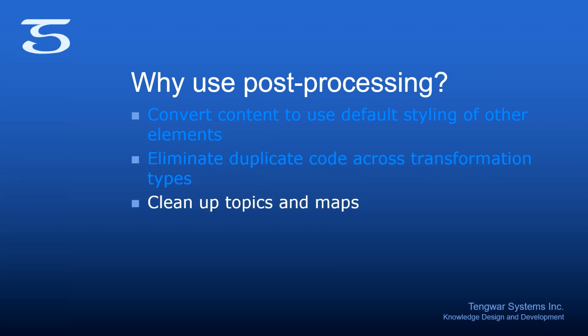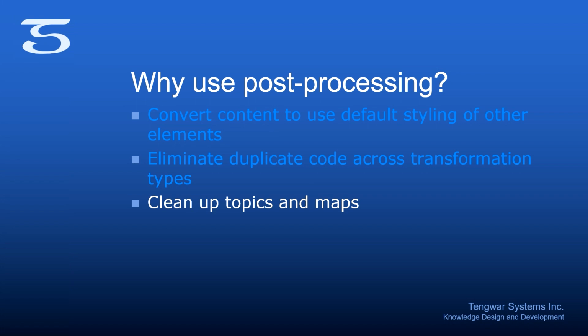Oh yes, clean up topics and maps. This has come about for me because authoring templates will often contain empty elements that the authors are expected to fill in, like short description, and perhaps some specialized elements.